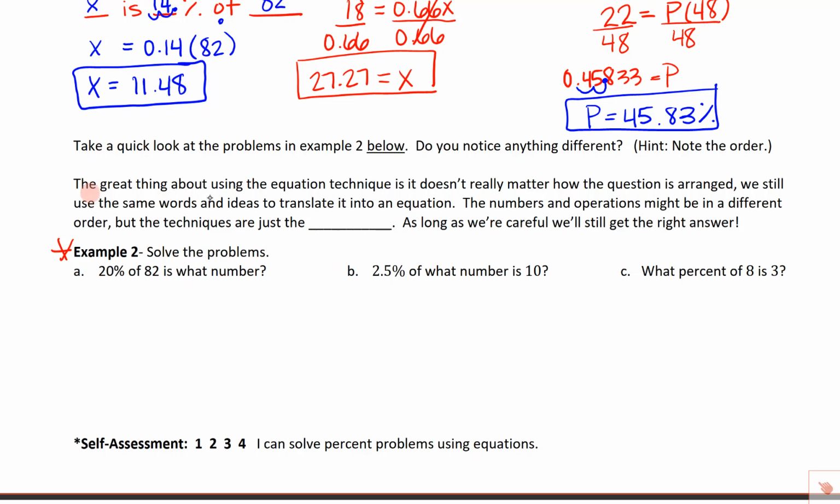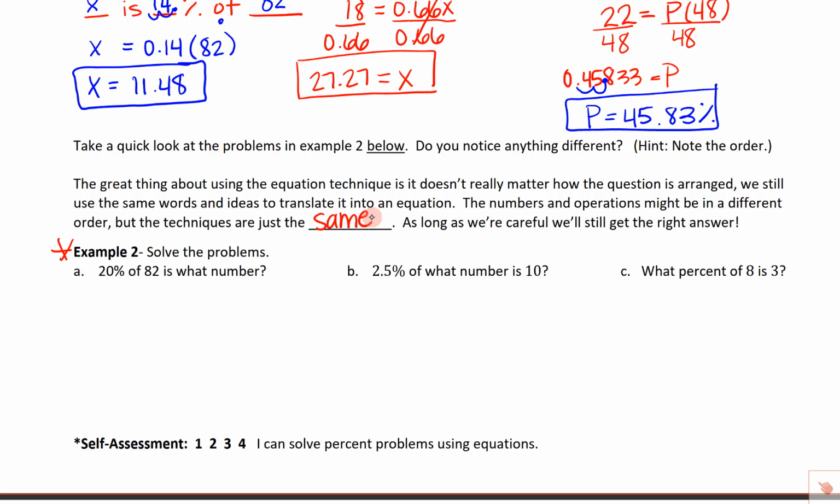The great thing about using the equation technique is it doesn't really matter how the question is arranged. We still use the same words and ideas to translate it into an equation. The numbers and operations might be in a different order, but the techniques are just the same. As long as we're careful, we'll still get the right answer.